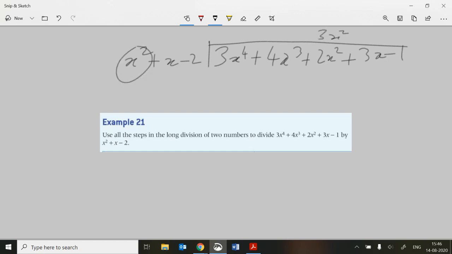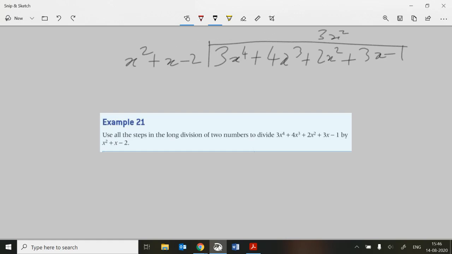Okay, so how many x squareds go into this? That's like saying, what's 3x to the 4 divided by x squared? Well, if we cancel this and this, we'll end up with x squared on the top, so we've got 3x squared. Okay, so now we're going to do 3x squared times by this thing here.